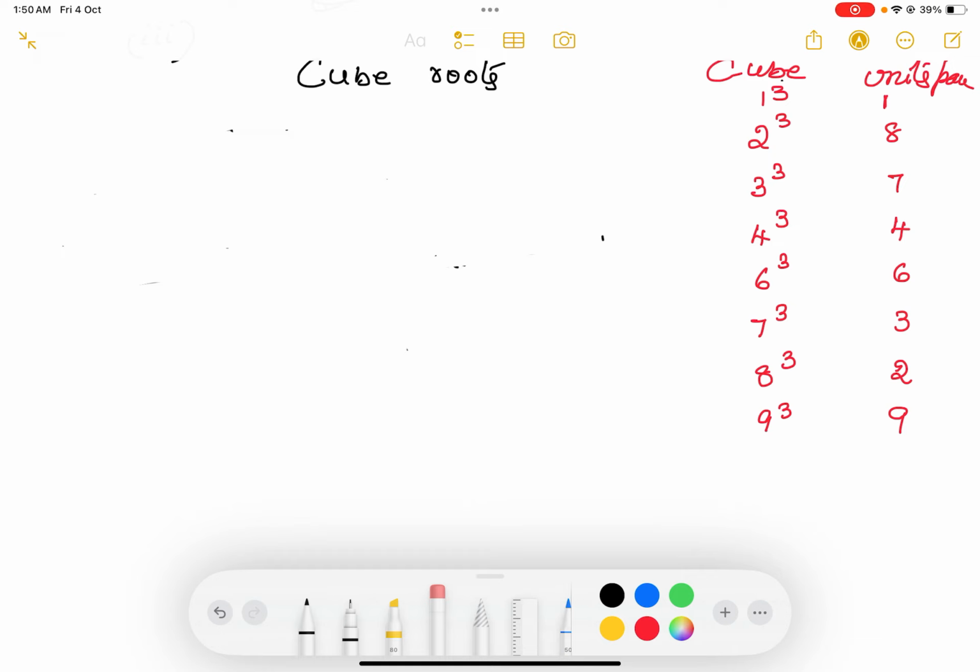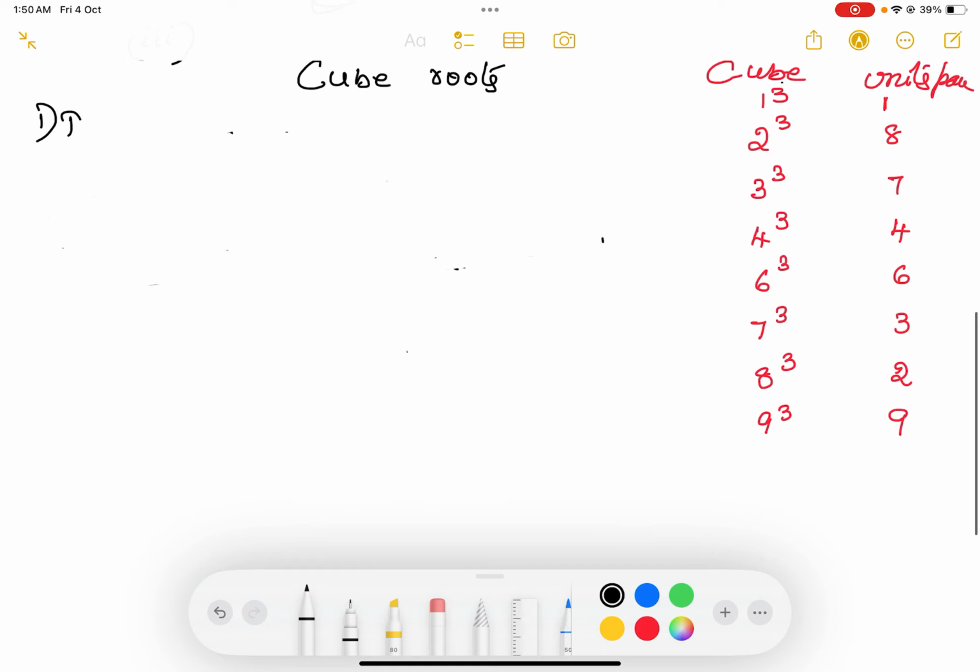In the last class we did the cubes of different numbers, and how to use the prime factorization method to find the cubes. Now, in today's class, I am going to do the cube roots of different numbers, and how to find them using two methods.